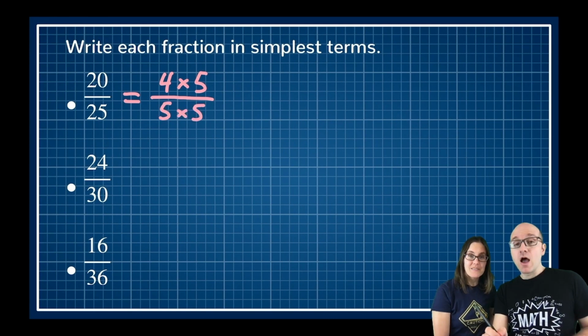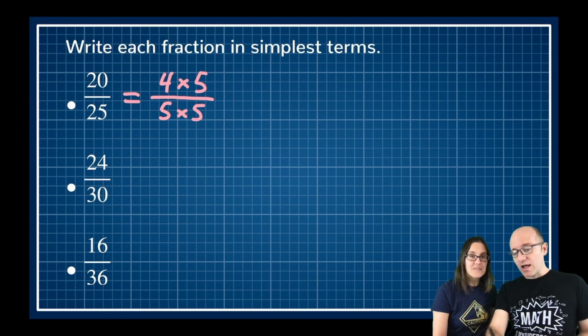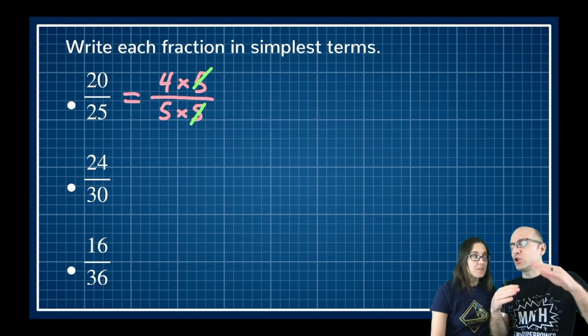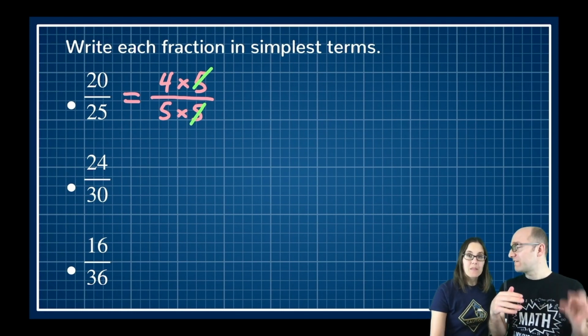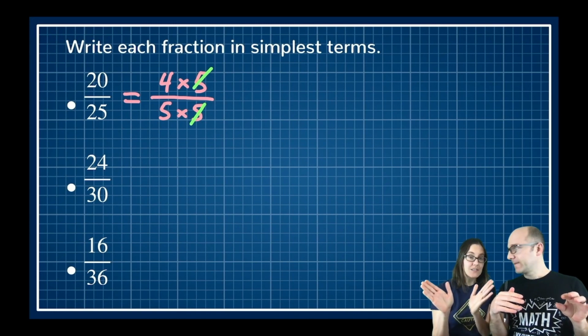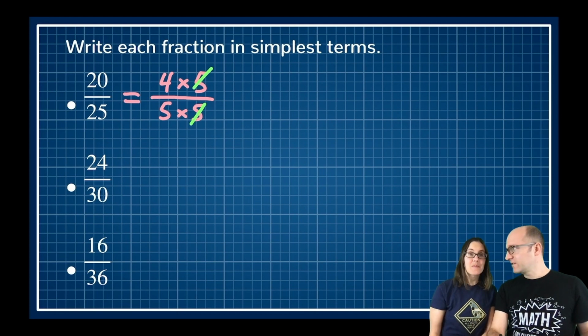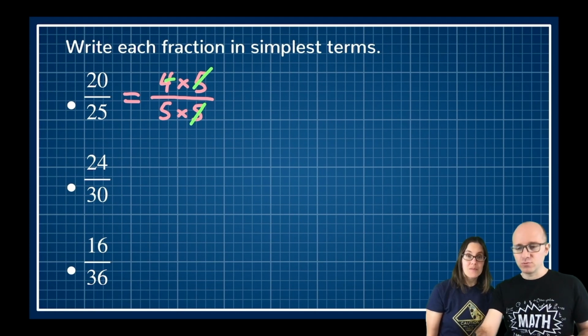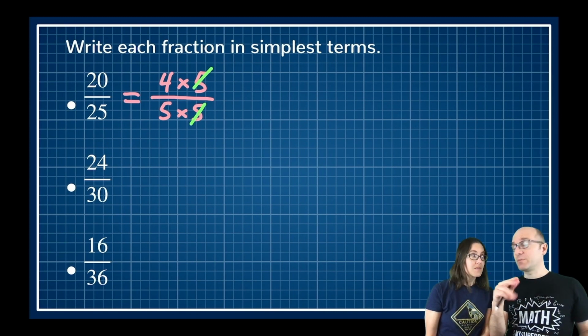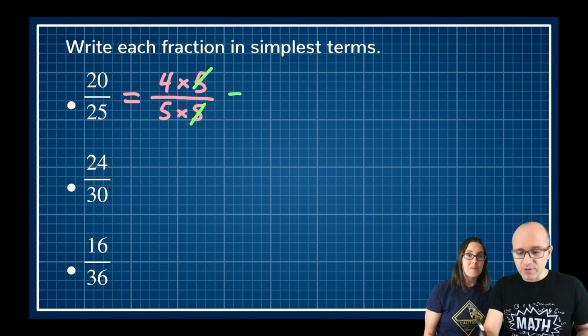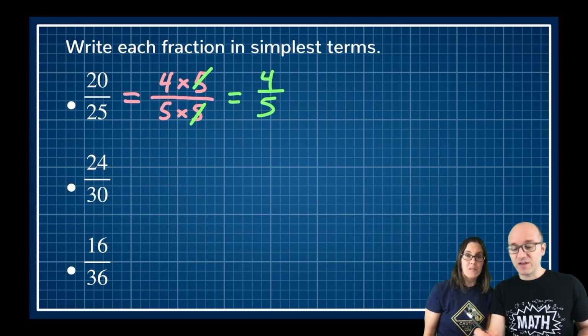Okay, so now I'm going to cancel these 5s, and by canceling them, we're gluing them together in groups of 5. So we're taking 5 slices and putting them together and saying this is now 1 slice. That's right, because there were 4 groups of 5, so now there's just 4 shaded slices. And we had 25 originally, but we glued them together in groups of 5. That leaves 5 groups. So that would give us 4/5.